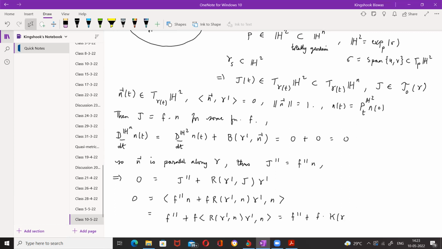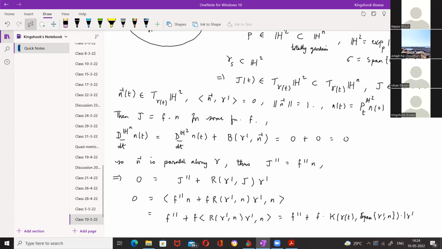At gamma(t), of the two-plane spanned by gamma prime and N, times the norm of gamma prime wedge N squared.